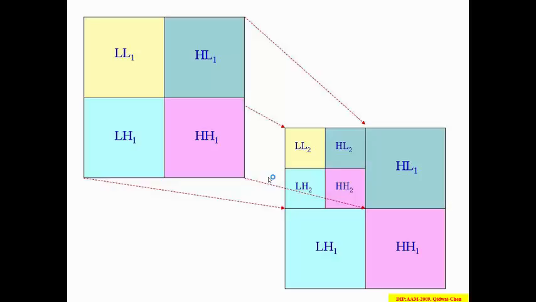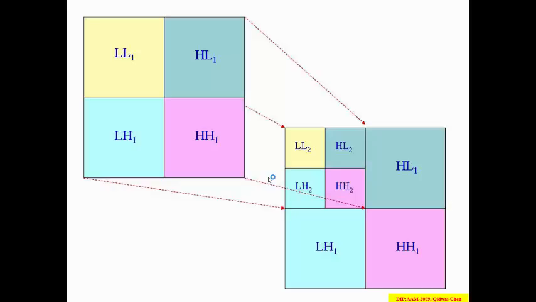Here, LL1 means the result of the signal after passing through a low-pass filter for the rows, followed by a low-pass filter for the columns, which is the approximation image. This image is somewhat similar to the original image but at a smaller scale, where the width and the height are half the width and the height of the original image.